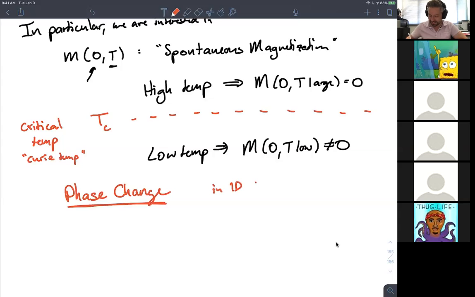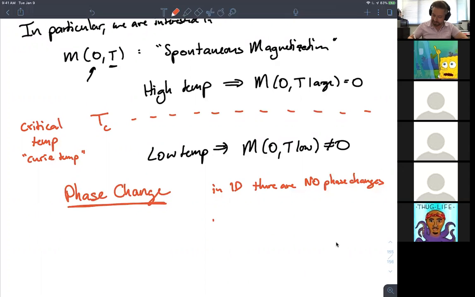In 1D, there are no phase changes. So the one-dimensional Ising model is not adequate to explain the onset of spontaneous magnetization. We're going to work through it anyway, just to see how it behaves, and then we'll talk about what happens when you go to higher dimensions.